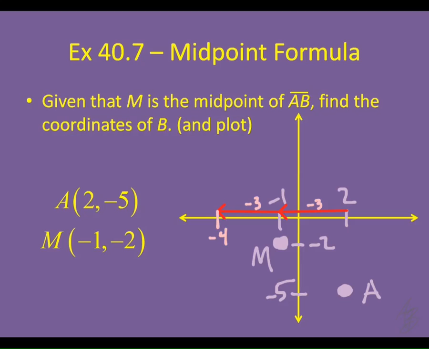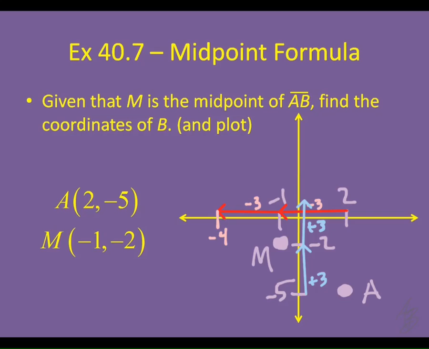If we go from -5 on the y-axis to -2 on the y-axis, I'll draw a line in here for you to represent that. So we go from -5 to -2 on the y-axis. What are we doing there? We're going up by 3. So if we go up another 3, what are we going to get to? 1. You see how he's getting that?